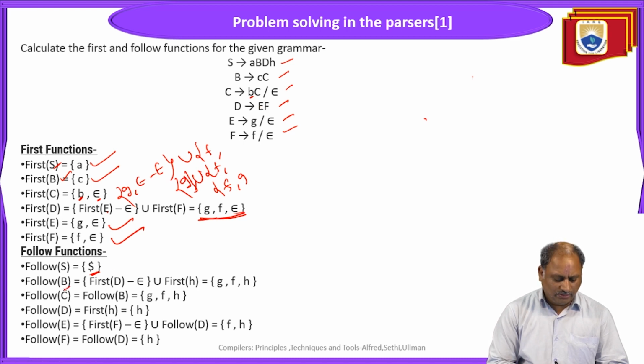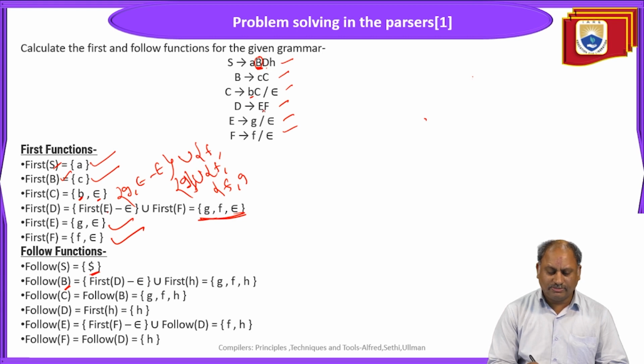Suppose, for example, the second one, follow of B. Where does B appear? B appears here, and in the second, third, fourth, remaining cases B doesn't appear. So follow of B is to be denoted with follow. That means the next one is a non-terminal, so that's why first of D minus epsilon.